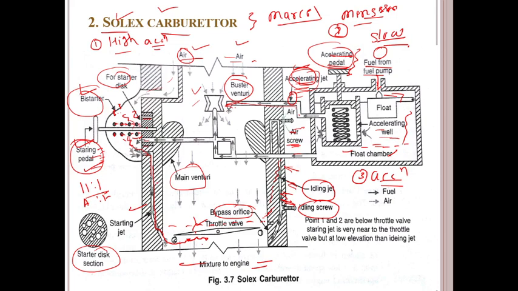As soon as the acceleration pedal is pressed, the acceleration pump will operate and provide additional fuel through the extra jet. When the acceleration pedal is released, the acceleration pump will suck up the fuel from the float chamber and store it, to provide the additional fuel.